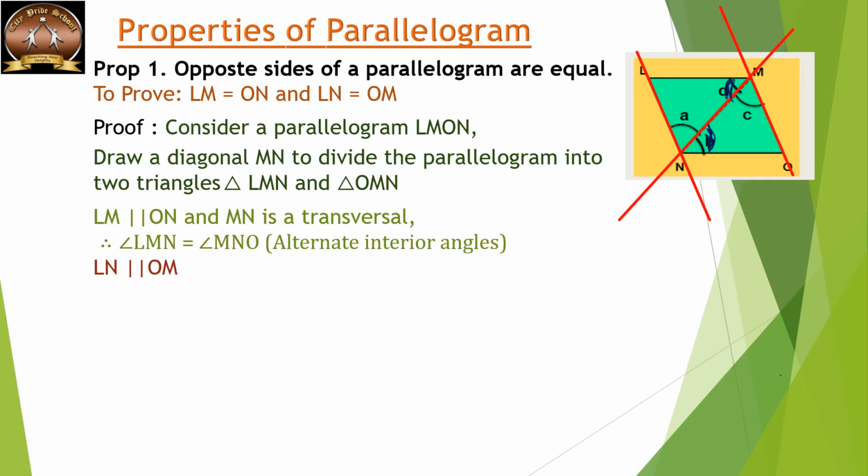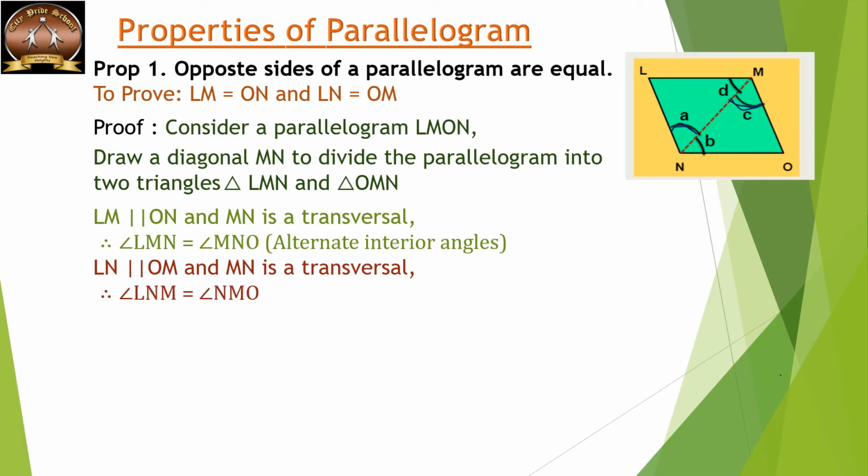Yes, LN is parallel to MO, that is the other pair of the parallelogram, and MN acts as a transversal. Again here we can see alternate angles forming a Z. So again LNM is equal to NMO. Here again it's alternate angles. So now we have got two angles, two elements equal of these two triangles.